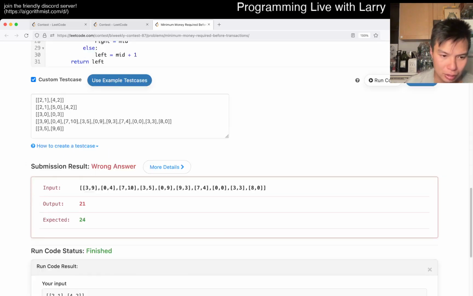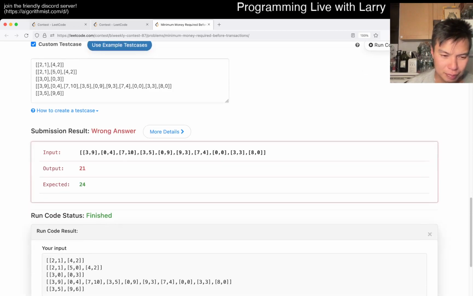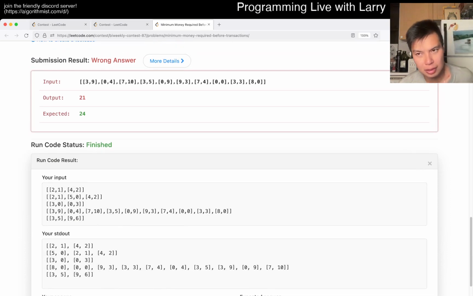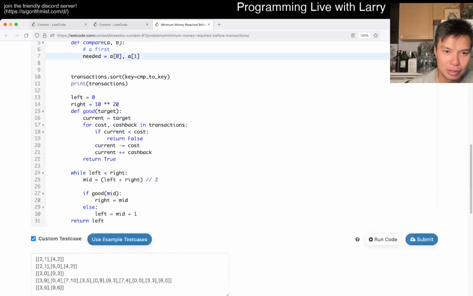Even in this case, okay, how do I get 7? Right? Okay, you start at 3. Okay, let's say you do it in this order. And my brain is not very functional. So it's negative 3 plus 5 is 2, and then you have 7, right? So let's say we do it this way.